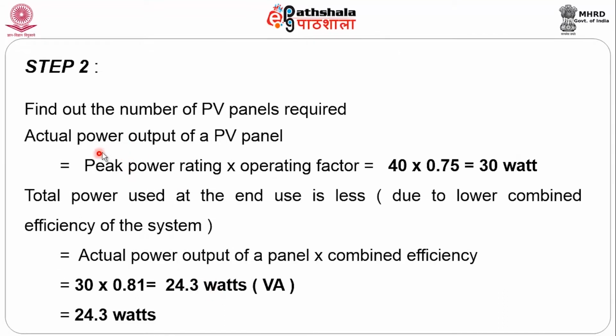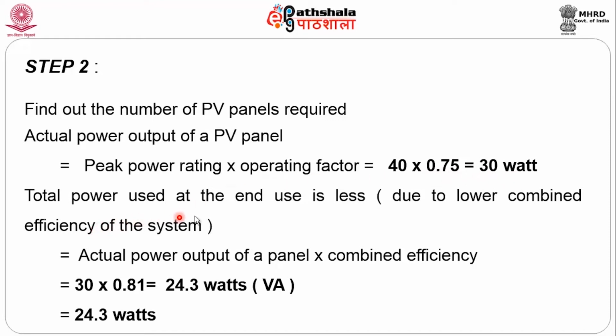Step number 2, find out the number of PV panels required. The actual power output of a PV panel, that is the peak power rating: we have chosen a 40 watt panel, and the panel will have an operating factor of 0.75, and after multiplication we get only 30 watts output.